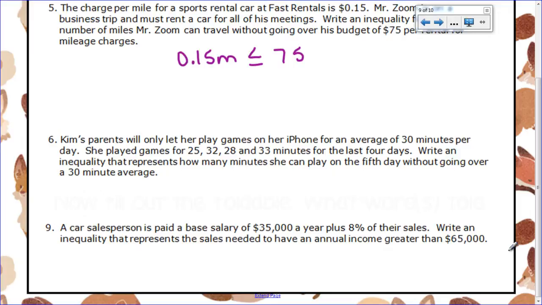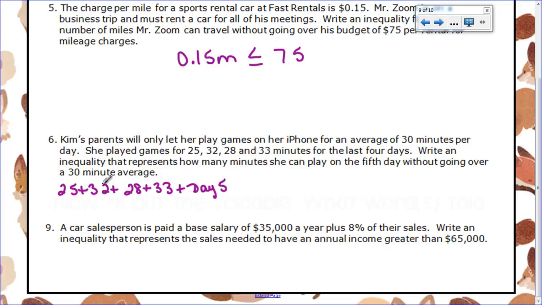So we have to talk about an average. An average means we add up everything that we have and then divide by how many there are. So far, she's played for 25, 32, 28, and 33. So that's where she is, and we have to add the day 5 total. So plus day 5.